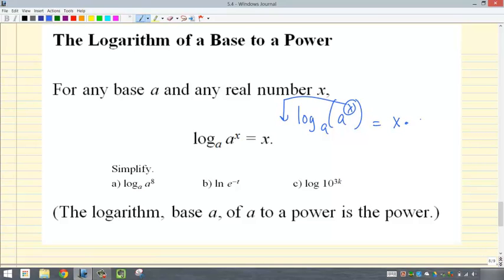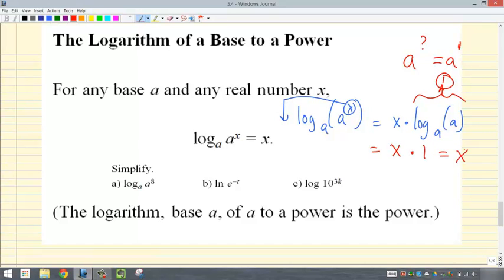So that's x times log base a of a. And what does log base a of a mean? It means a to what power equals a? Well, that's a 1, right? So a to the first power. So this whole thing is actually equal to 1. So that's x times 1, which is just x.